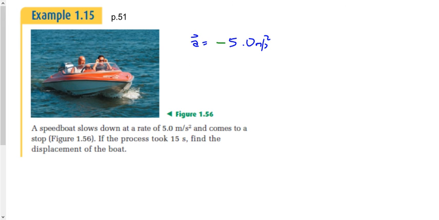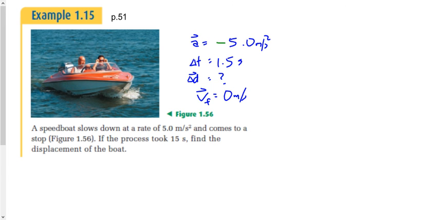1.5 seconds is our time interval here. And that's it, I think, isn't it? Looking for the displacement. There is something else here if I read between the lines. Good. VF is 0. It says it comes to a stop. We can't just assume that something comes to a stop just because it's slowing down. But if it physically tells me it comes to a stop, then I can say easily that VF is equal to 0.